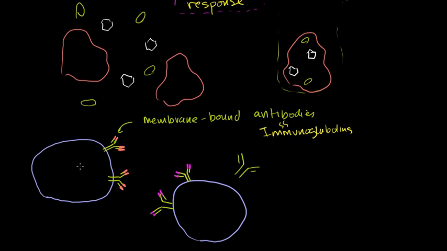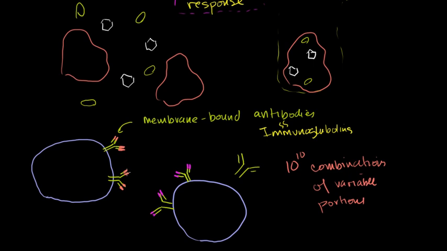And there's actually 10 billion different combinations of variable portions. So there's 10 to the 10th, or 10 billion combinations of variable portions.